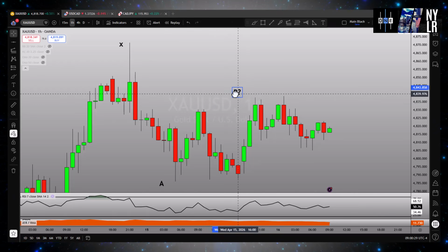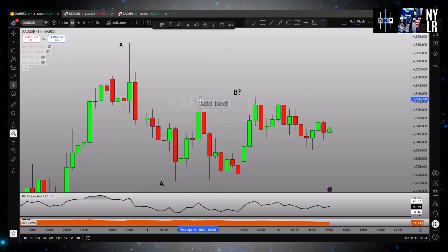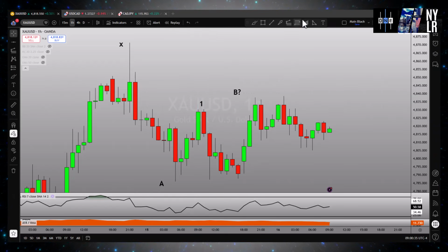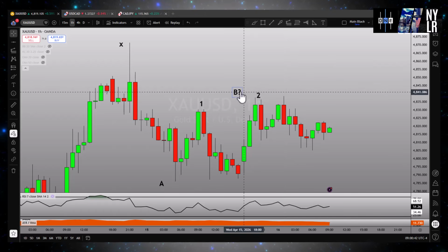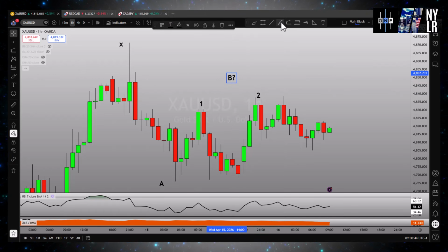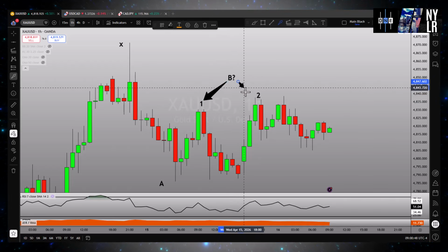I'm going to put up a poll question so you guys can type it in. This is going to be 1, and this is going to be 2. Am I correct here, Devin? This is the question: which one would you have as your B leg, 1 or 2?